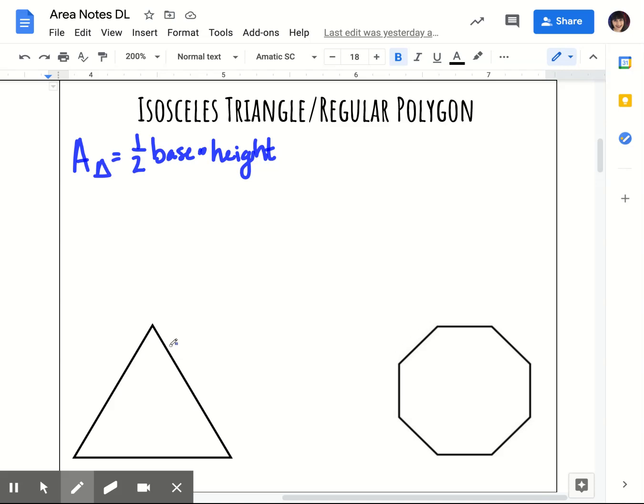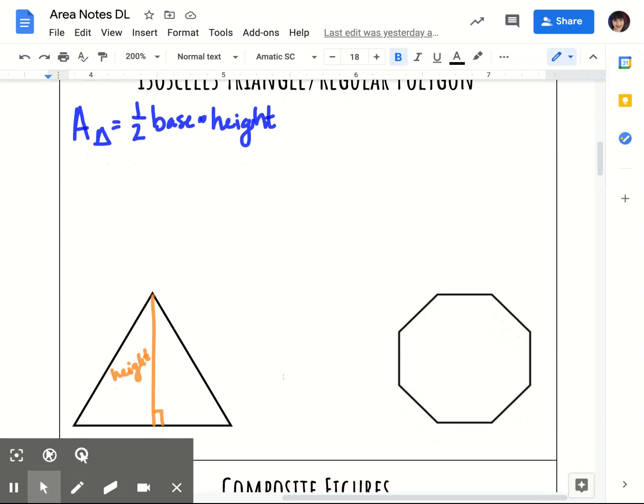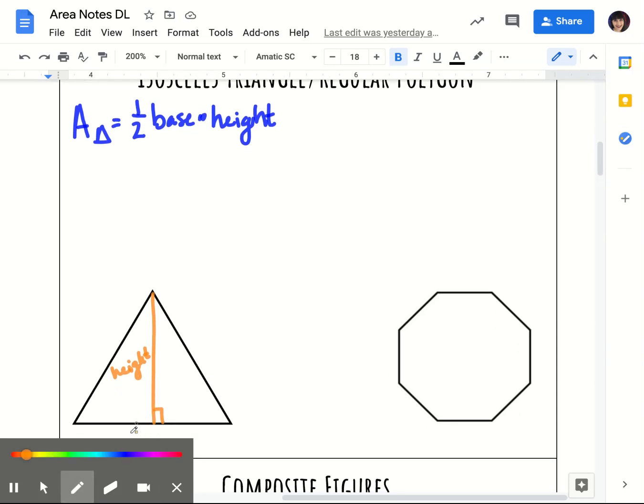But with an isosceles triangle, an important thing to note is that because you're dealing with an isosceles triangle, the height is going to cut the base in half.